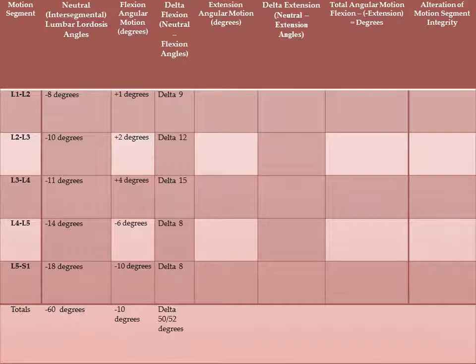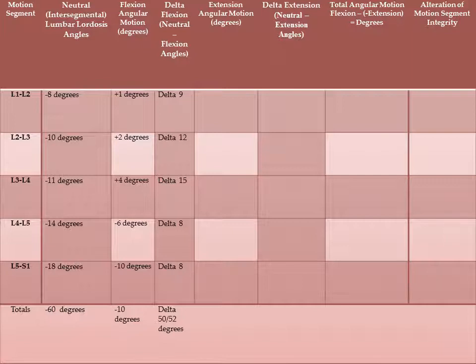At L3, L4, it was 15 degrees. At L4, L5, it was 8 degrees. At L5, S1, it was 8 degrees. And if you just look at that chart, you can see that the most mobile segment in lumbar flexion was L3, L4.